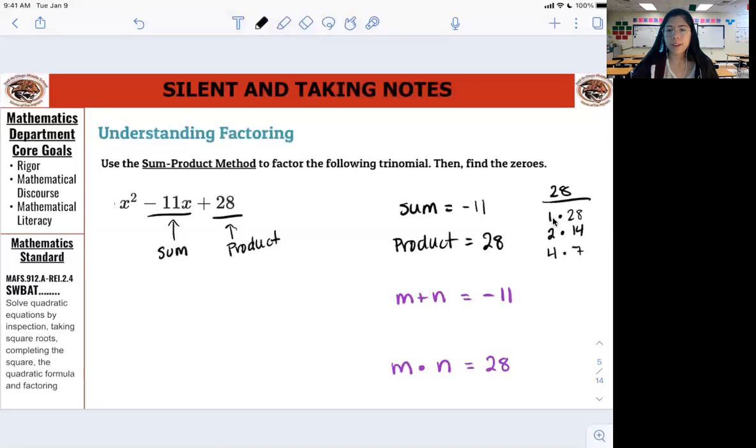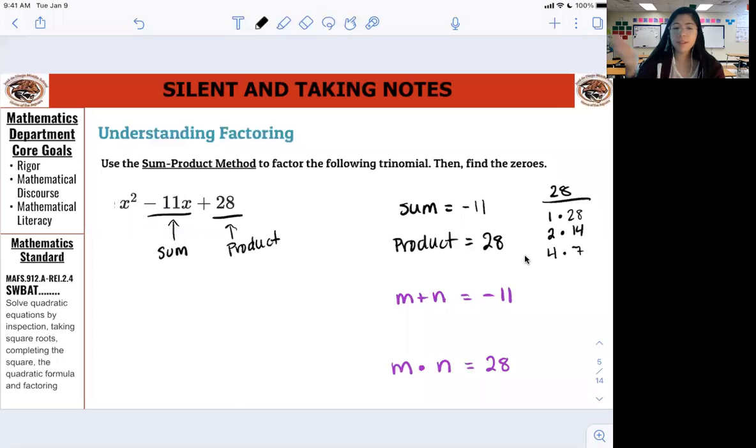Now look at the factors. We know that we're going to need one of these to be negative or maybe both of these to be negative. But how can I get myself to -11? Do any of these numbers add up to -11? Now they're all positive right now, but remember that they could be negative as well.